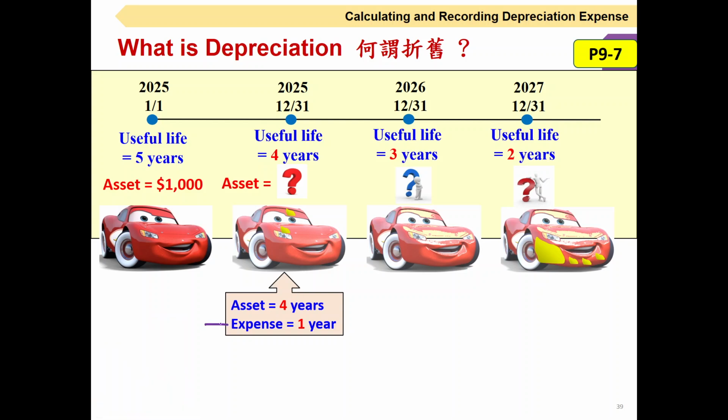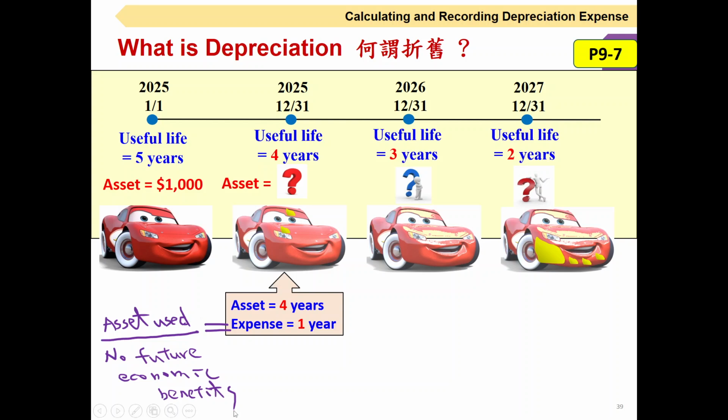For 1 year. So this one means your assets used. Assets used means what? No future economic benefit. Okay?